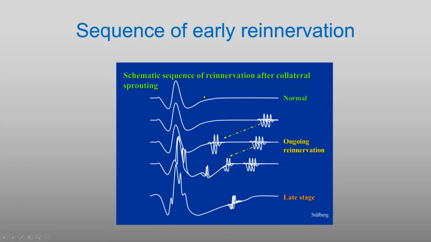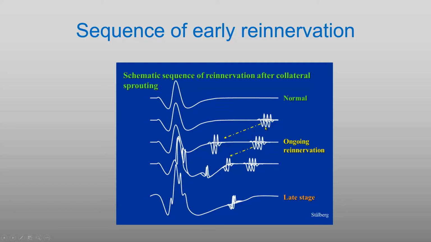And here's a schematic drawing of reinnervation. We have the mother motor unit here, and no reinnervation has taken place here. But when we have early reinnervation, we often get late components because of the slow conduction in these muscle fibers. They have been atrophic while waiting for reinnervation.